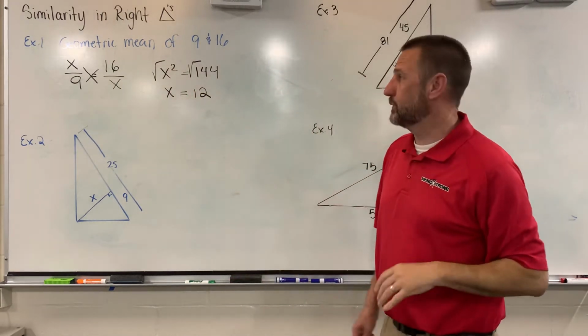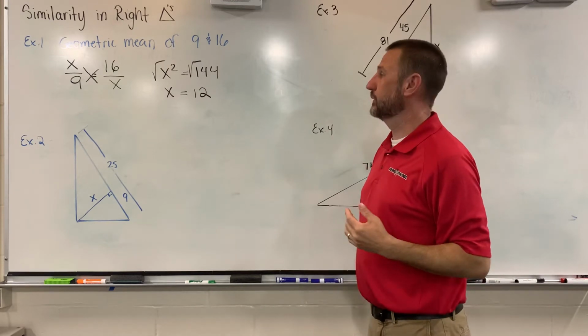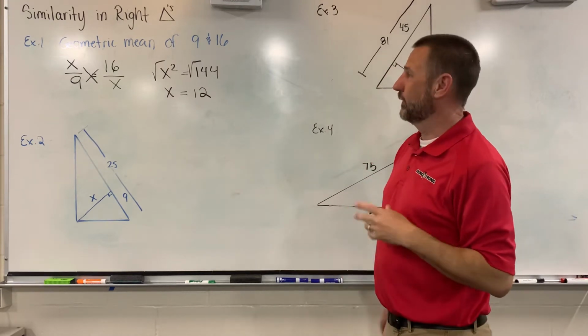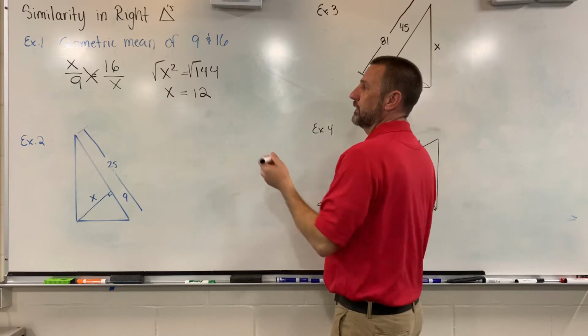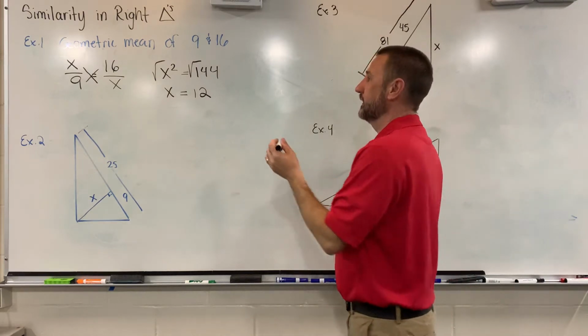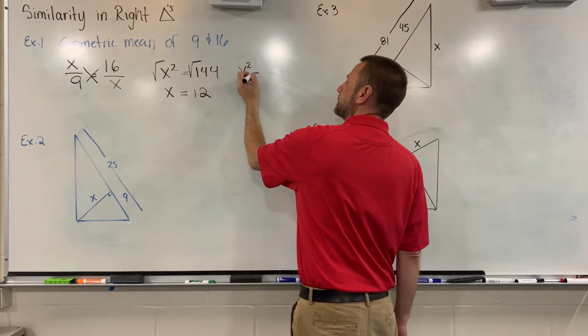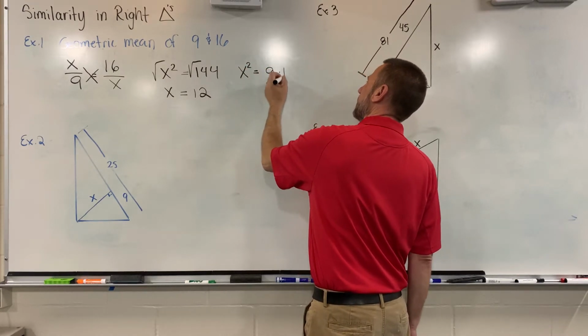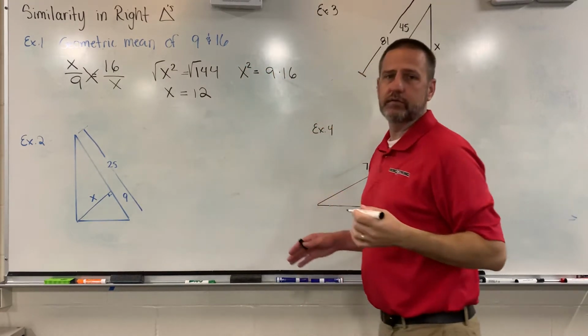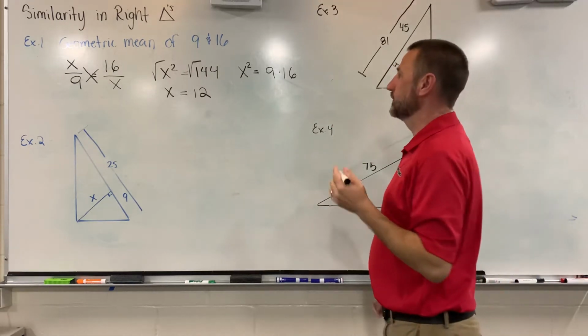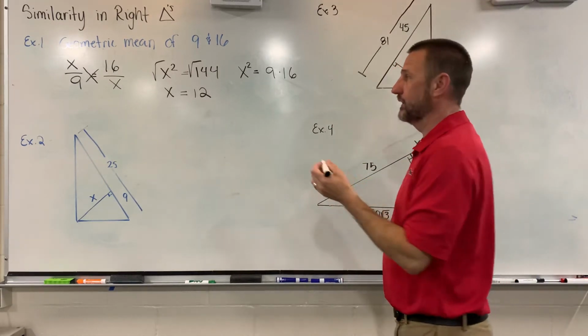Now, sometimes you end up with really large numbers when you do this, so here's a little trick. When you know you're going to be finding the square root, you could just write it like this, and then look at those two numbers. Before you make them gigantic numbers, say, all right, I know I'm going to be finding the square root.